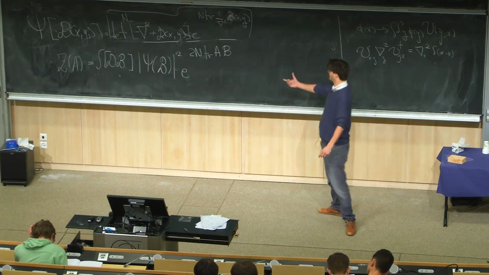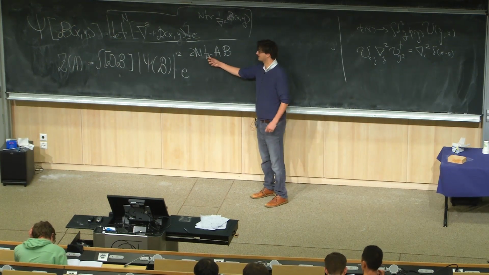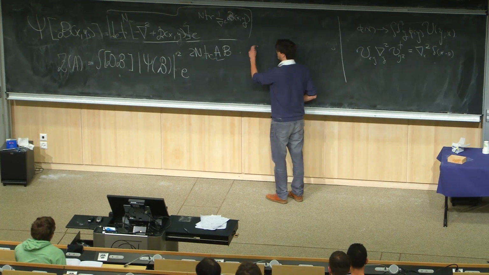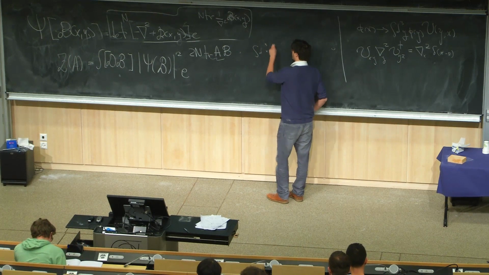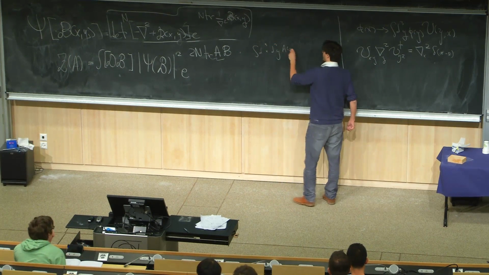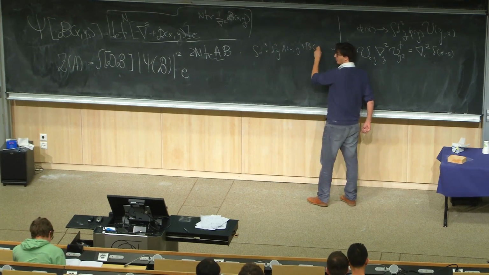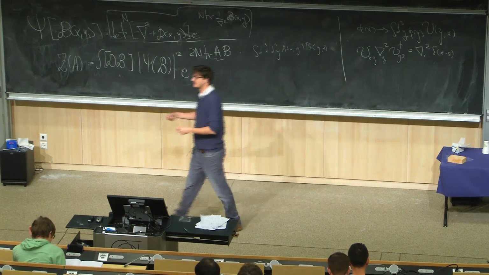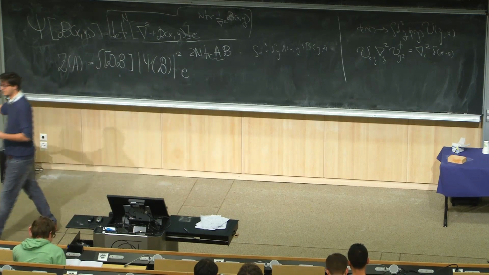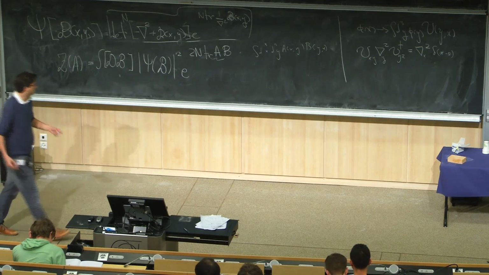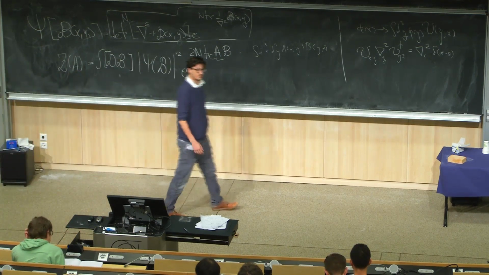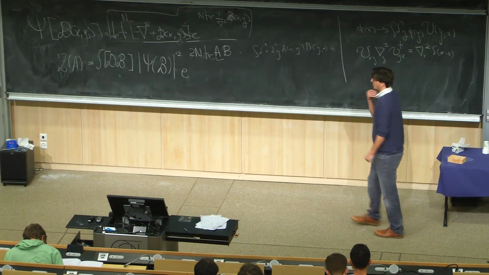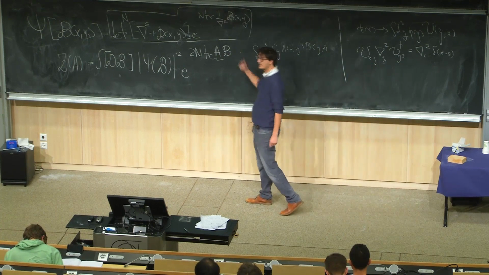So take the expectation value of e to the trace. By the way, by trace I just mean, trace AB is equal to the integral d3x, d3y, A(x,y) B(y,x). So I'm imagining these things as matrices with continuous indices, and traces are integrals, and determinants are determinants over this functional space. Okay, good.